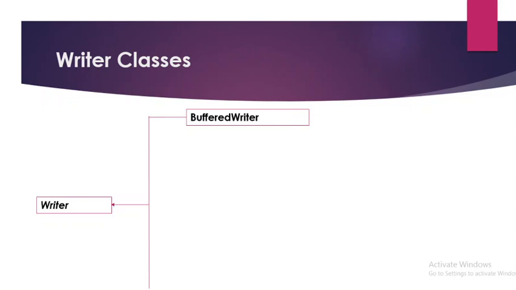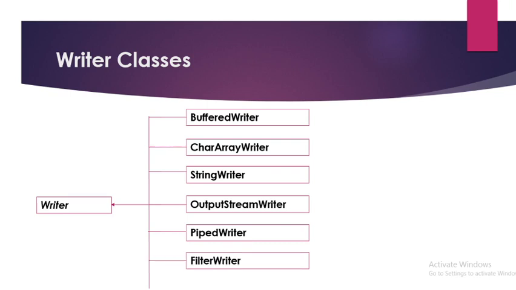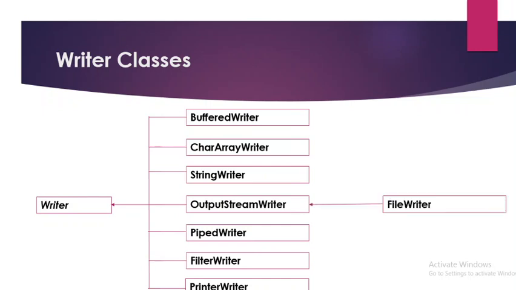Now every class will have the word Writer because all of these are classes used for writing data into the stream. CharArrayWriter, StringWriter, OutputStreamWriter, PipedWriter, FilterWriter, PrintWriter, and further from OutputStreamWriter a new class is derived, that is FileWriter.